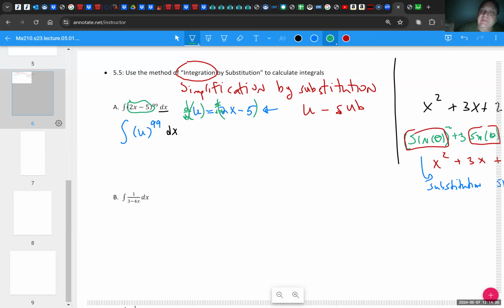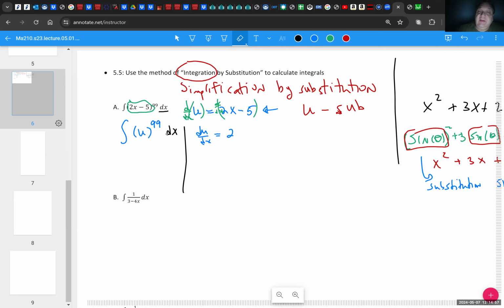The derivative of u is called du/dx. The derivative of 2x is 2 times dx/dx because the variable matches the independent variable. I'm not going to write dx/dx anymore. I did that a whole bunch in the previous chapter. It's just going to be 2. The derivative of minus 5 is 0. So du/dx is just equal to 2.